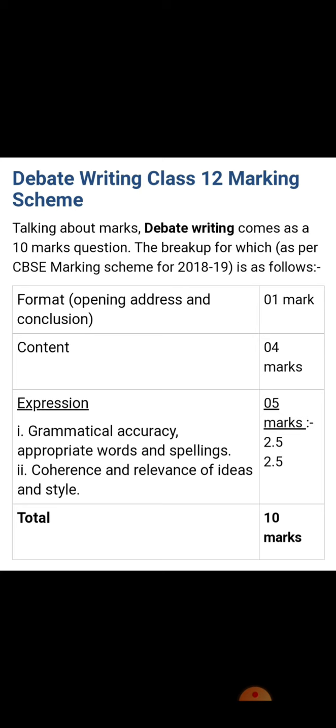So here I touched some parts of oral debating points so that you may get an idea how to actually present yourself while writing a speech or debate. So children, many points which I have discussed over here, you can use while writing a debate for your board exams.